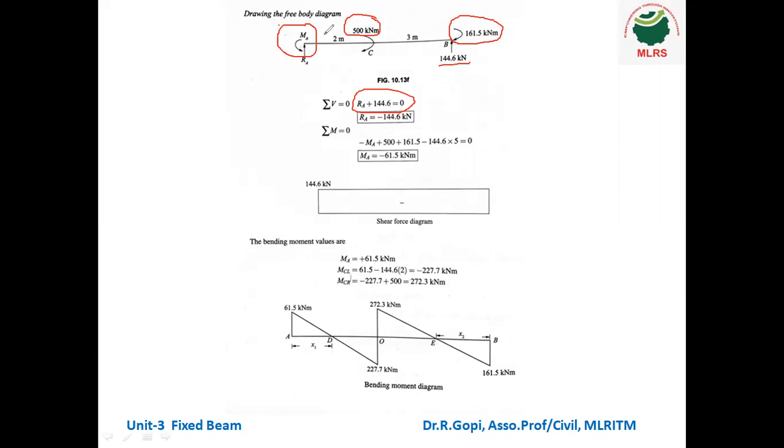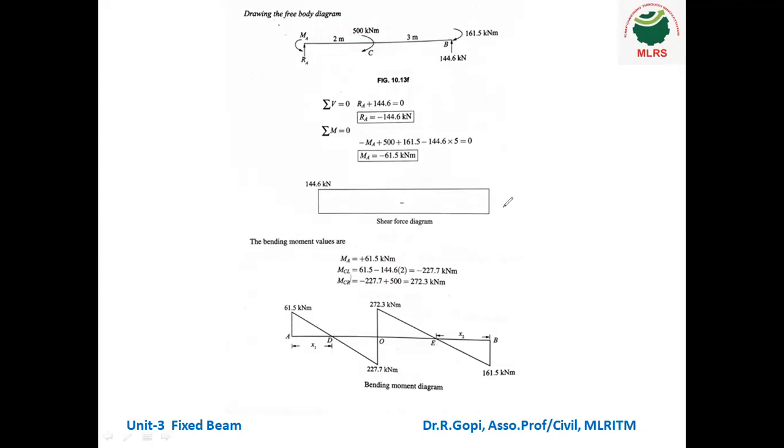Since we are taking moments about the point A, therefore 144.6 into the corresponding distance. What is that distance? It is 5 meter. It is anti-clockwise direction. So therefore MA is equal to 61.5 kilonewton meter. Okay.